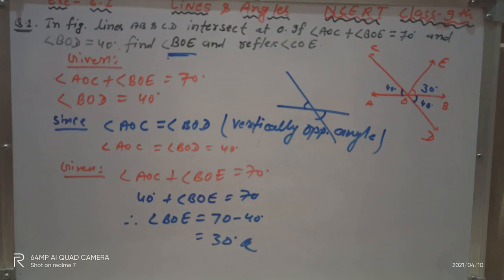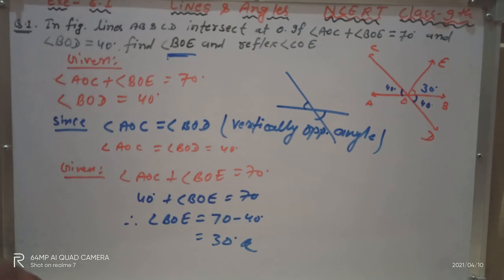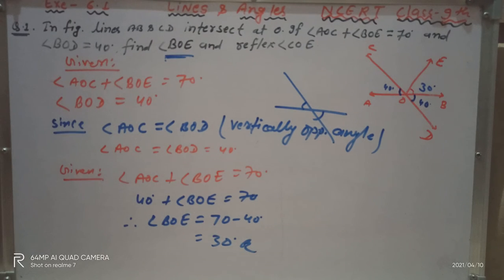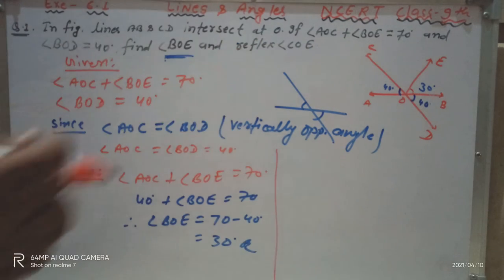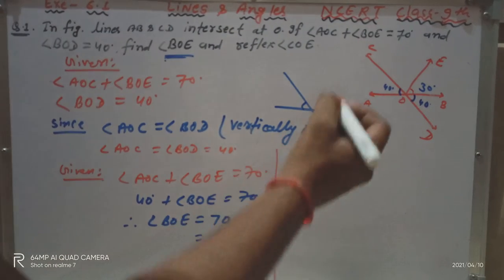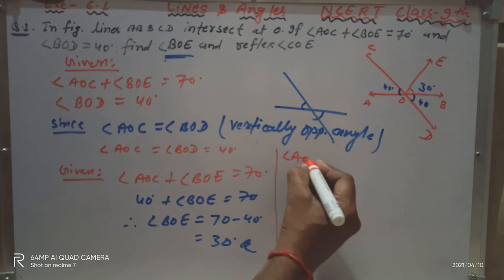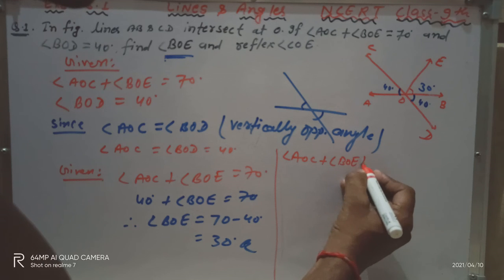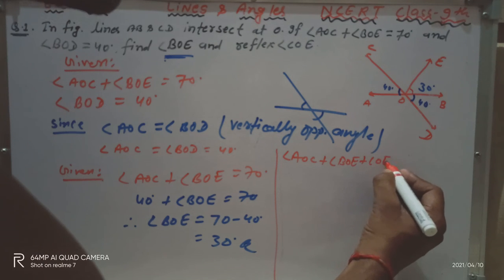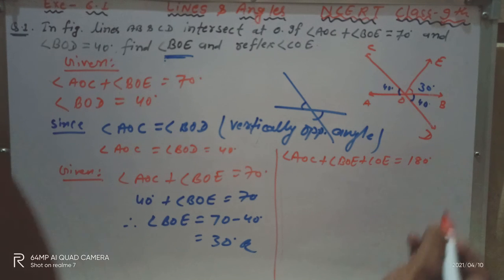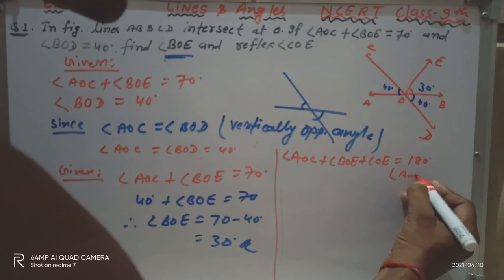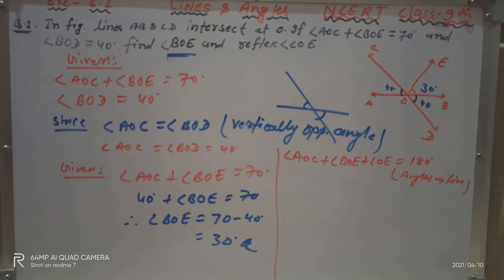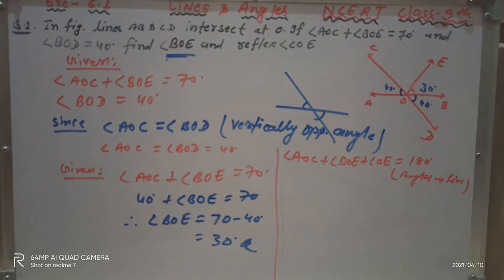One answer we got. Now one more thing: we have to find the reflex angle COE. Angle AOC plus angle BOE plus angle COE will be 180 degrees, because these are angles on a line.